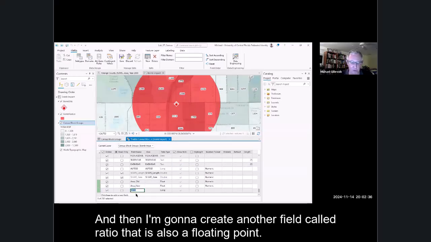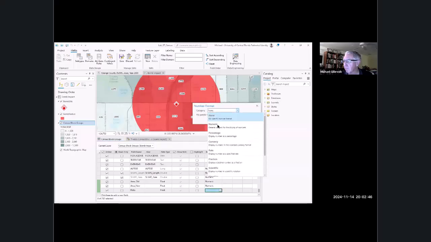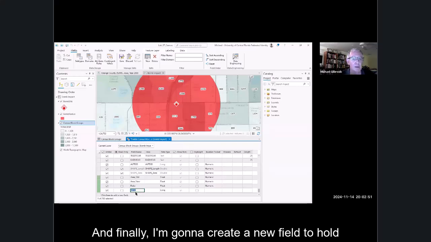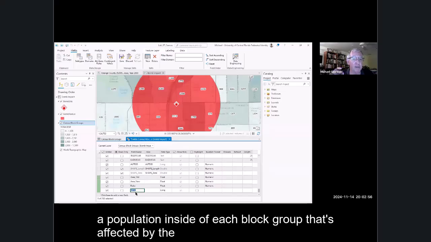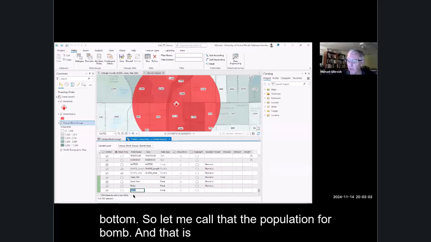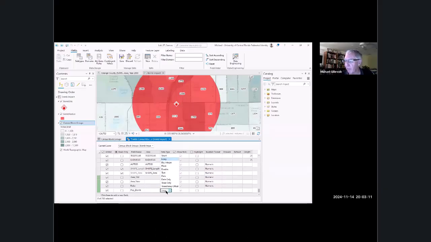And then I'm going to create another field called ratio that is also a floating point. And finally, I'm going to create a new field to hold the population inside of each block group that's affected by the bomb. Let me call that population per bomb, and that is also going to be a floating point value.